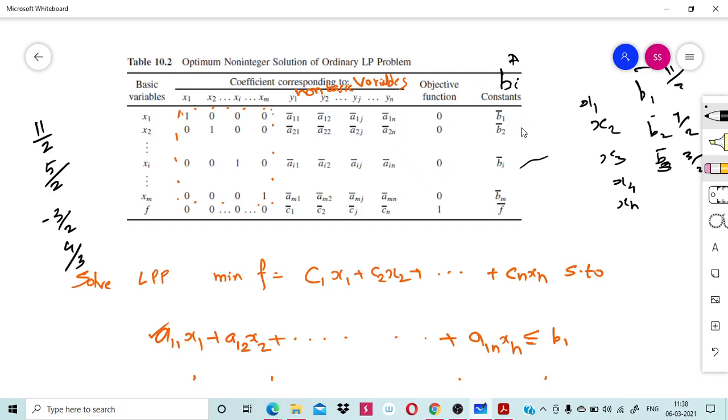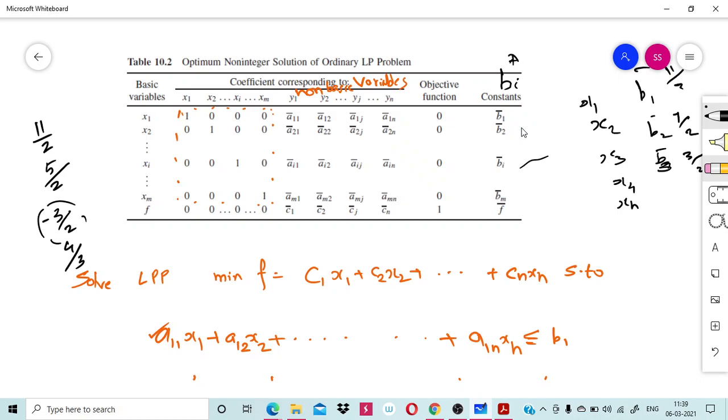You cannot ignore the negative value, but you have to consider the magnitude of all these fractions.